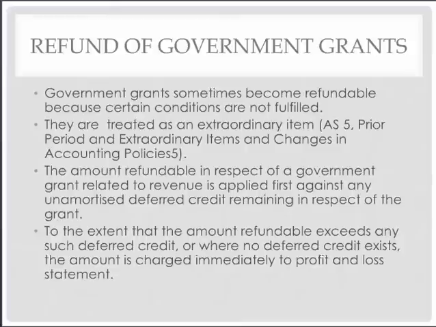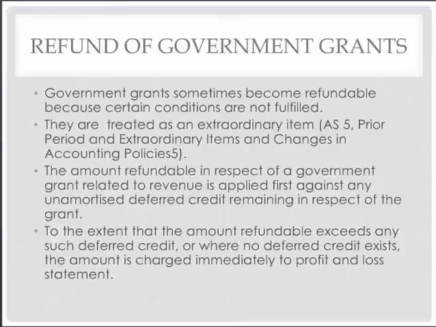Such a case is treated as extraordinary item under Accounting Standard 5, prior period and extraordinary items and changes in accounting policies. When you do that standard, you will be able to further throw light on this. Now, we will discuss how a refund of government grant should be treated in books of accounts.